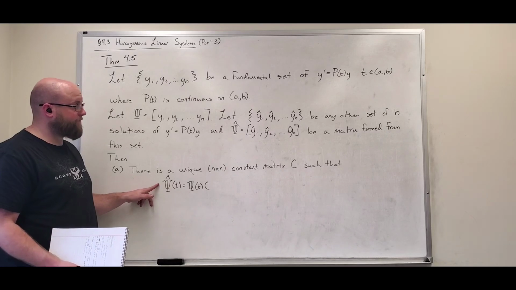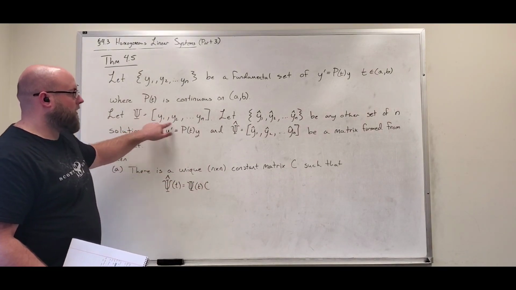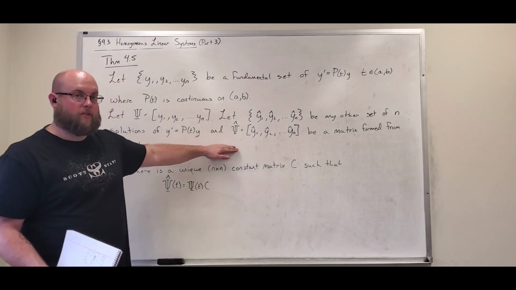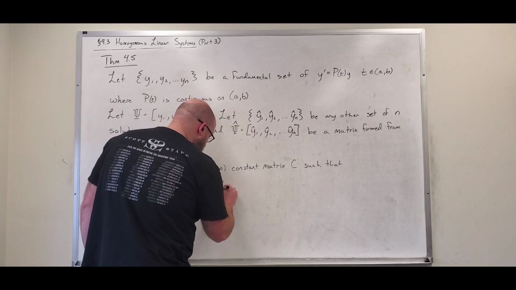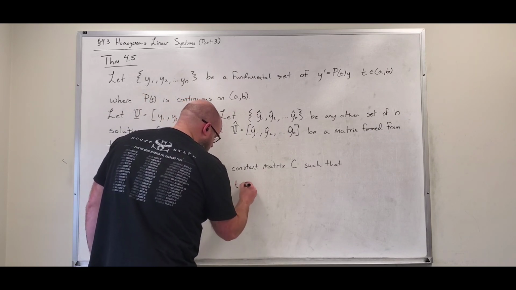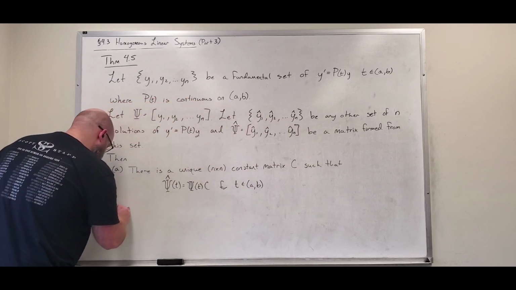Okay, so that means there's something out there that we can multiply this by in order to achieve this fundamental matrix, where t is in (a, b).